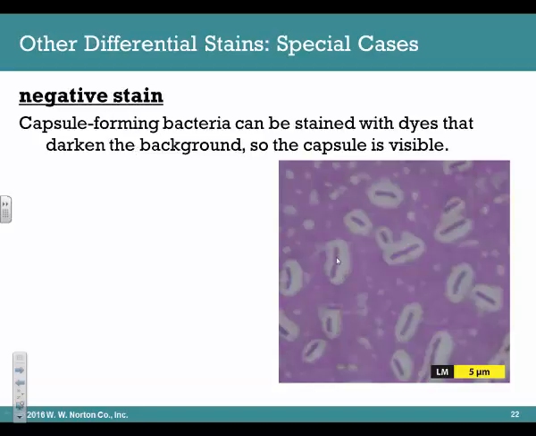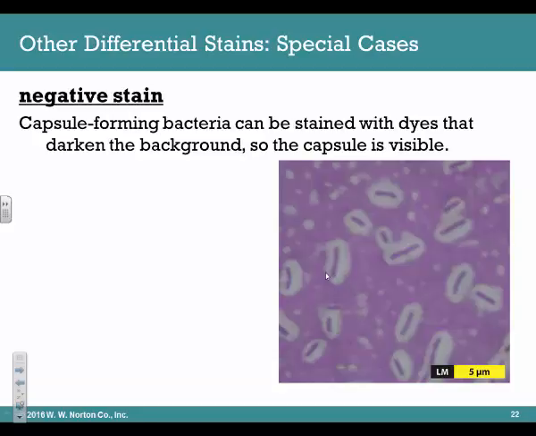Here in the light microscope image, you can see that the bacteria are partially stained, so the internal part of the bacteria is stained pink. Then there are these big blank spots that are actually still part of the bacteria. It's outside of the cell membrane and the cell wall.